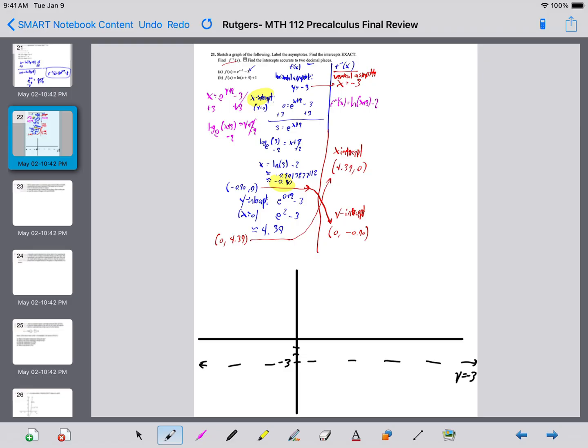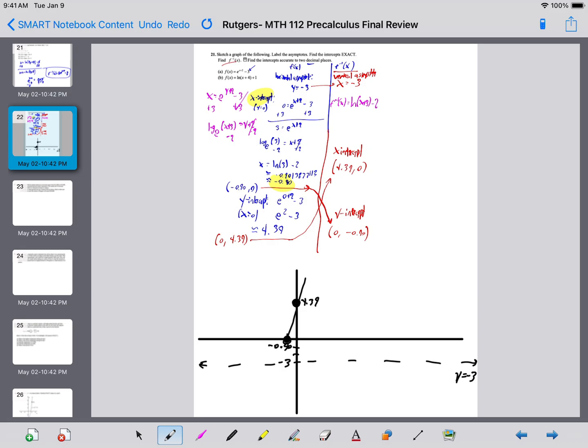It has a base of e, which is about 2.72, which means it's exponentially growing. We said that the x-intercept was negative 0.9. So let's say that this is negative 0.9. We said that the y-intercept is about 4.39. And again, this is just a rough sketch.